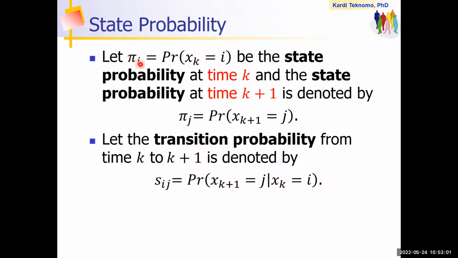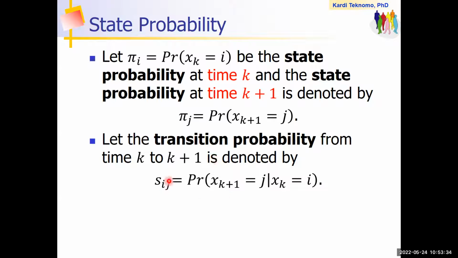Instead of the very long notation, P of x_k equal to i, I will shorten it into v_i. This is the state probability at time k. How about the probability at time k plus 1? That is j, so I will put it as j.